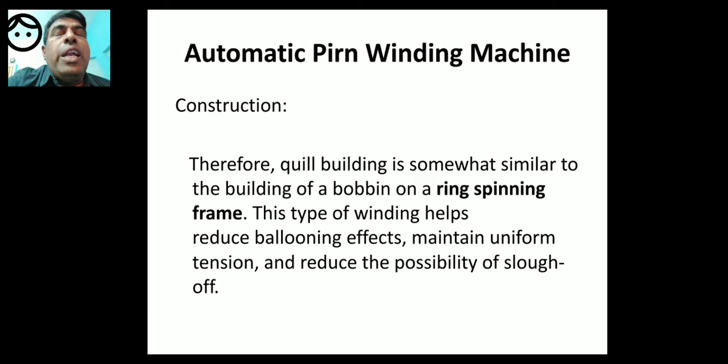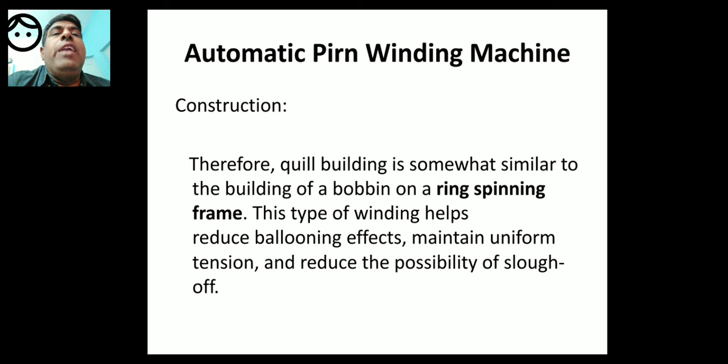If you suddenly withdraw a yarn from a cone, there is a chance of formation of a balloon, and this type of winding helps in reducing ballooning effects, and it reduces the possibility of slough off. Slough off means that generally 3 to 4 or 10 yarns come out at a time from the package.